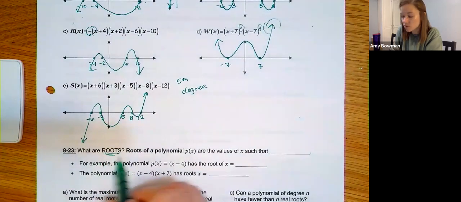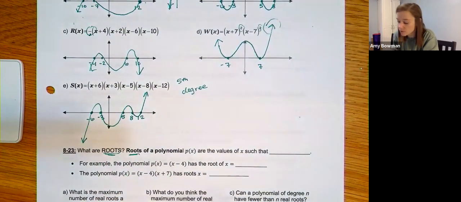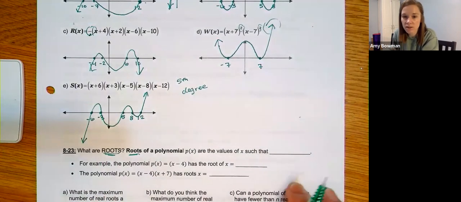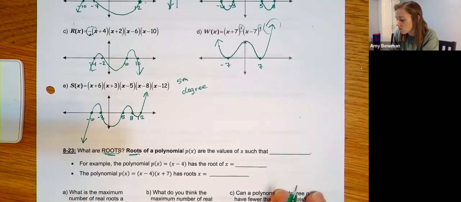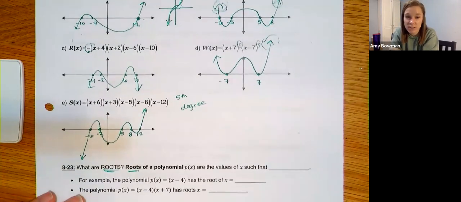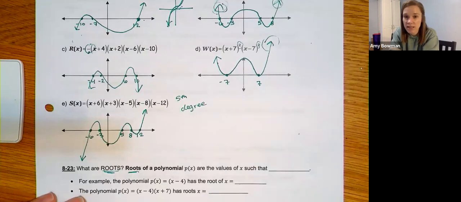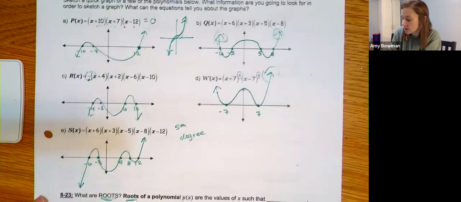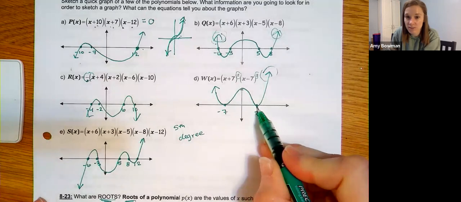You are going to hear me use the word root a lot when we talk about polynomials. The good thing is we've already been working with the concept of roots. We've just been using different words for it. So any time you see an x-intercept, that's a root.